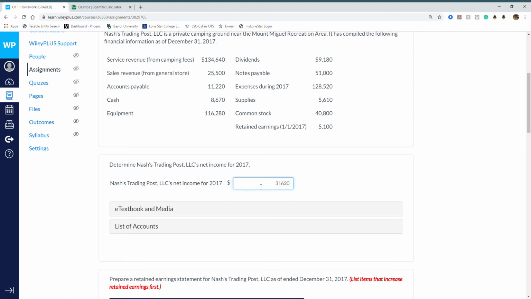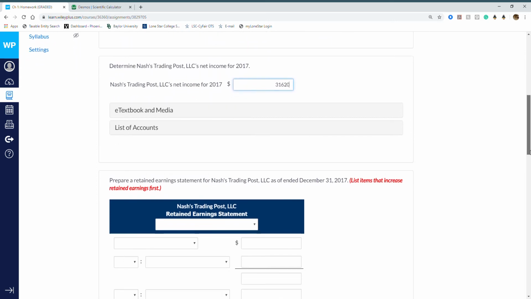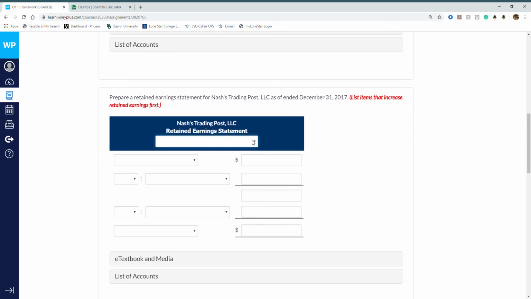Next, we can move on to the statement of retained earnings. Since we're dealing with December 31st, remember, the statement of retained earnings and the income statement both have a heading for the period ended.